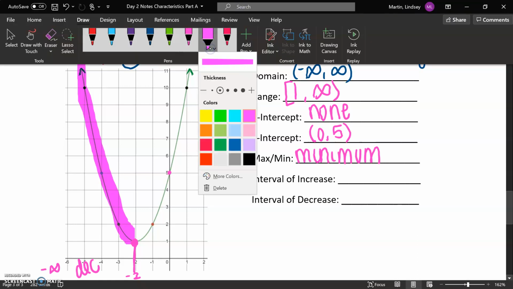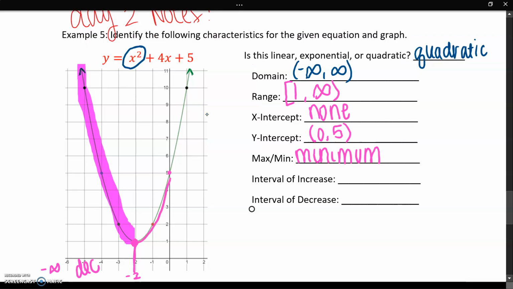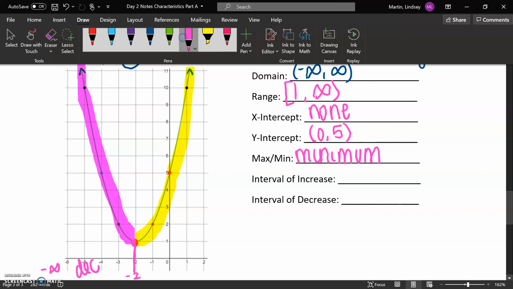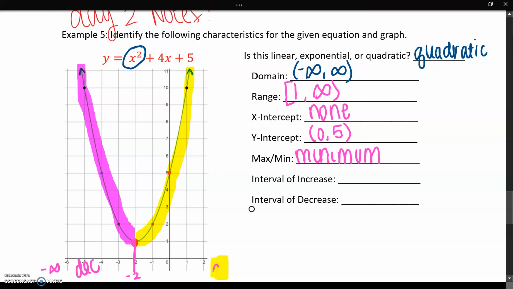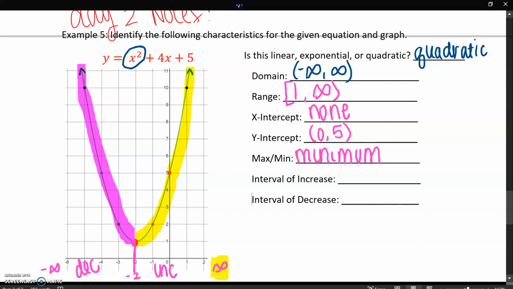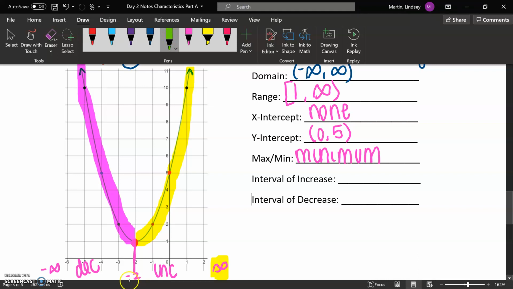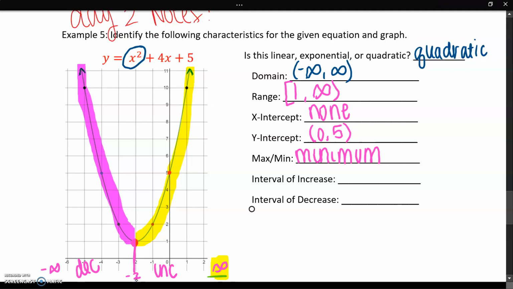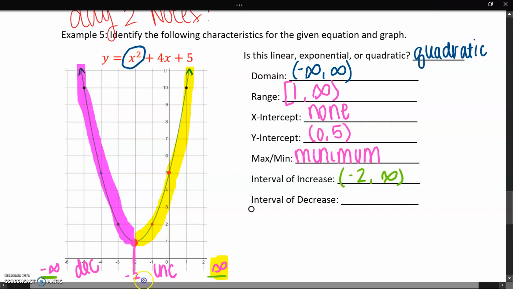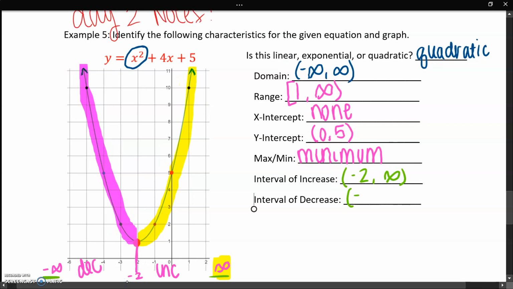And from my vertex going to the right side, it is going up. So from -2 to infinity, it is increasing. So I have my interval of increase from -2 to infinity, and my interval of decrease from -infinity to -2.